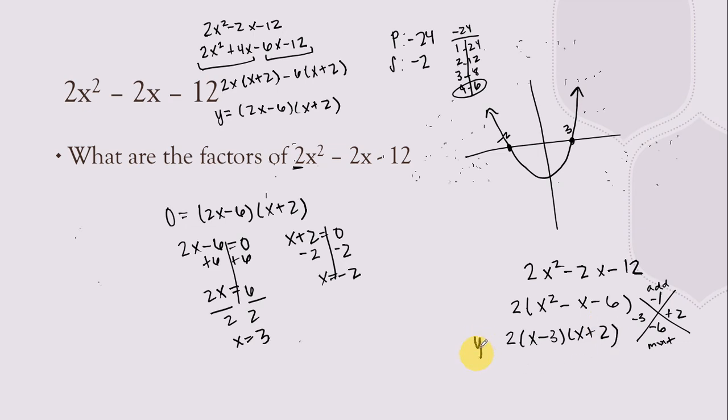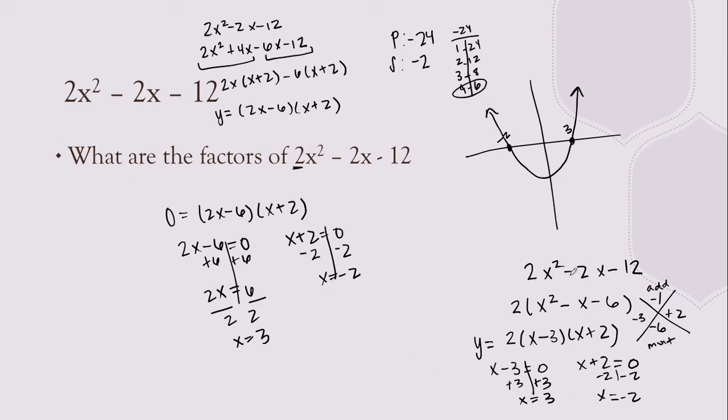And if I did the same exact thing here, and set my factors equal to 0, add 3 to both sides, give me x equals positive 3. Subtract 2 from both sides, x equals negative 2.